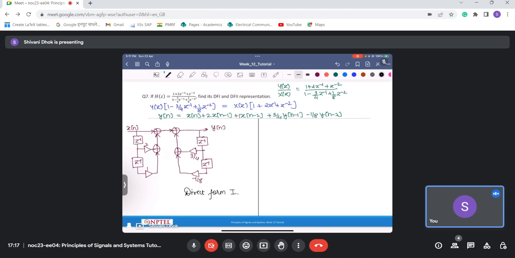And once I know my direct form 1, I can just interchange these two to get my direct form 2. So for that, I have this x of n gets added. Then I have these delay blocks, z inverse, 2 delay blocks. Then the first one, here I have 3 by 4, and minus 1 by 8.